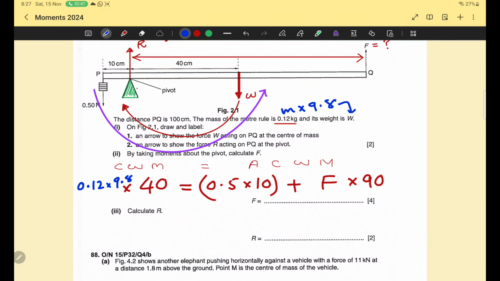It will give you the weight. So the weight of the ruler is 0.12 into 9.8. And now if you solve this equation, what is F?